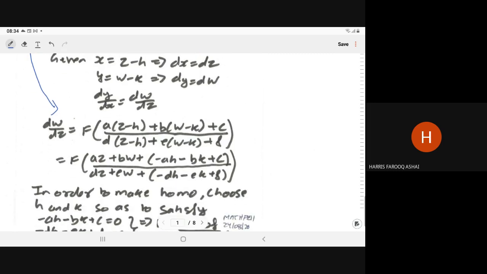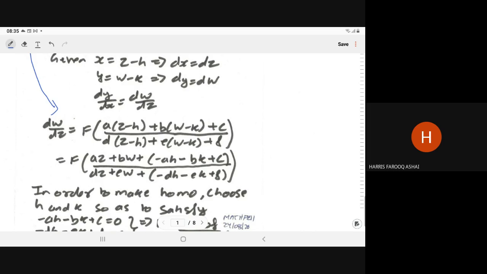So it can be written as az plus bw plus minus ah minus bk plus c upon dz plus ew plus minus dh minus ek plus f.